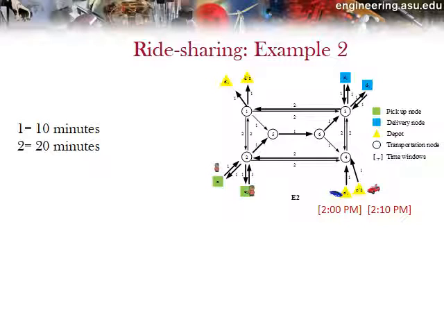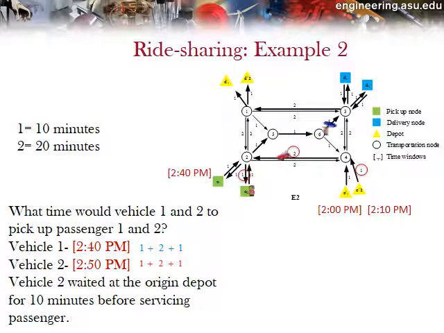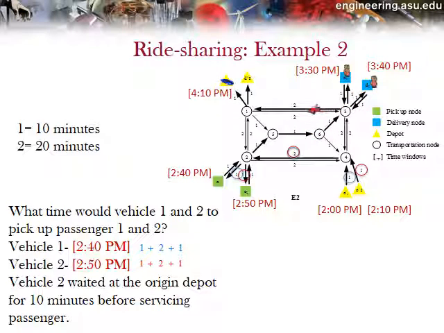In this example, I'm showing how the vehicle will travel along the 6-node traffic network. Vehicle 1 picked up passenger 1, and vehicle 2 is servicing passenger 2. They both start at the origin, but vehicle 2 leaves 10 minutes later because the time window for passenger 2 is later than the time window for passenger 1 for pickup.